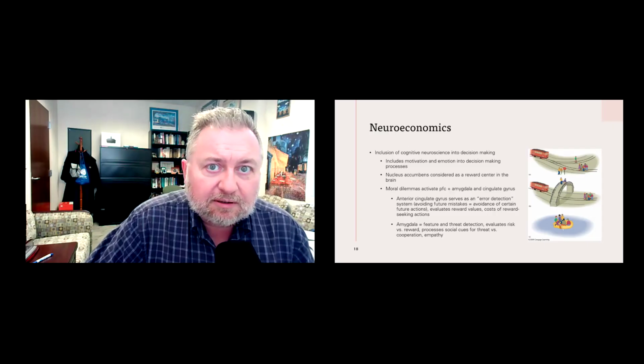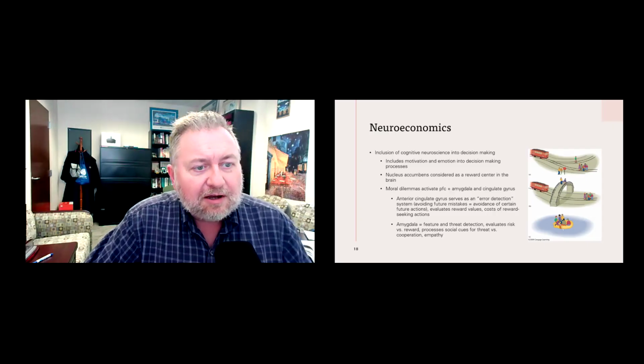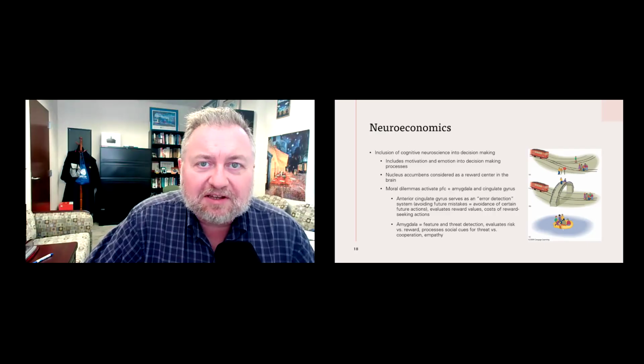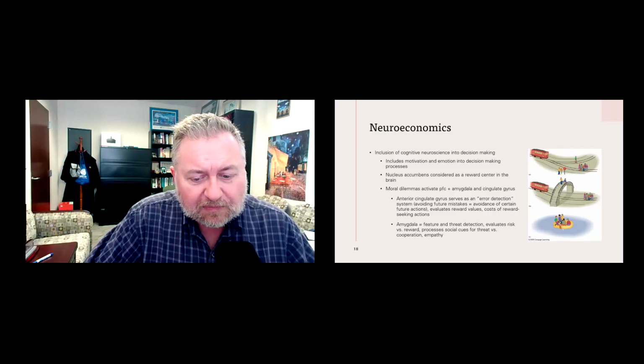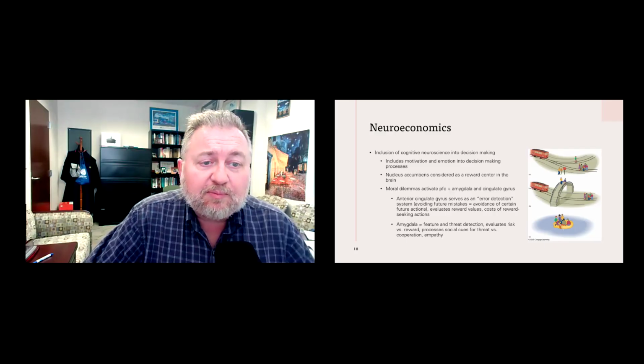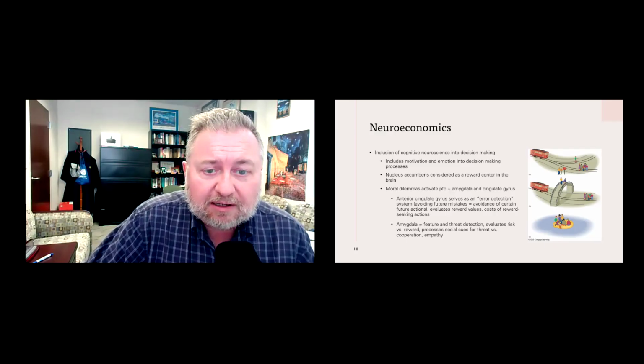This is called neuroeconomics now because we're just going to slap the prefix neuro into anything and make it sound cool, right? But what we're doing is we're looking at brain activity while people are engaged in these kinds of behavioral economic kinds of choices.